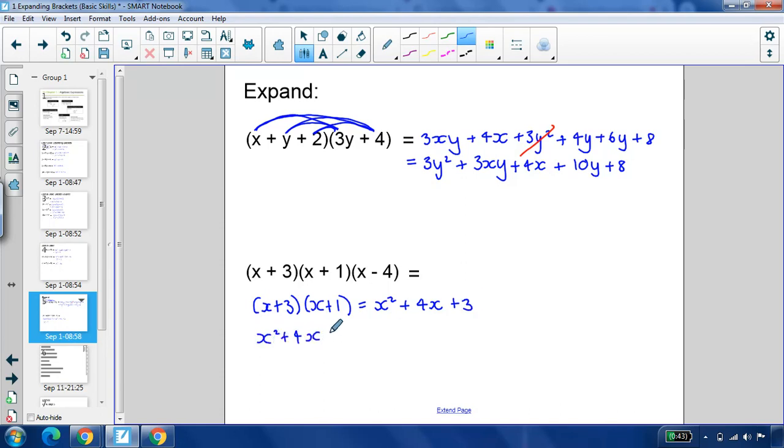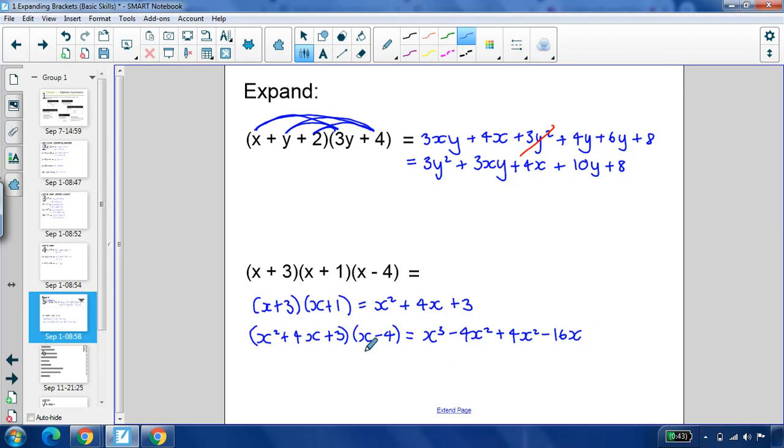Now I'm going to rewrite this below because now I'm going to multiply this by the final bracket, which is x minus 4. So I'll have x cubed this time, then minus 4x squared. Then let's go to the 4x, I'll have 4x squared minus 16x.